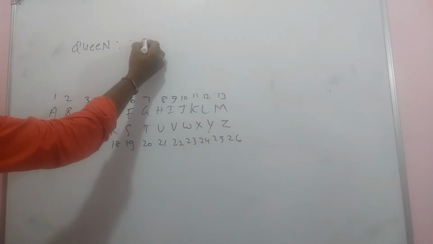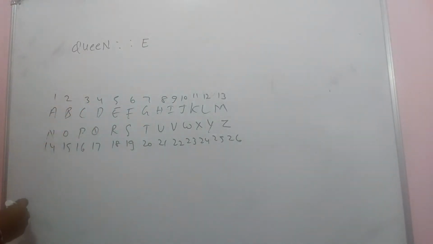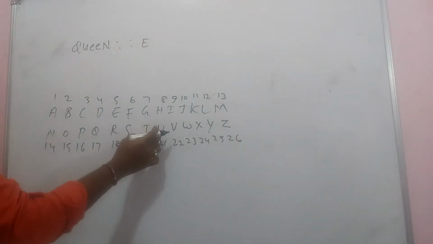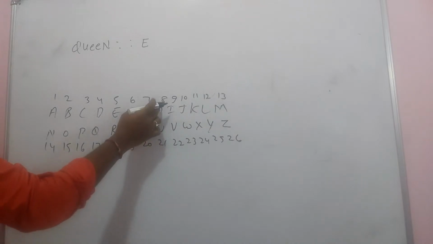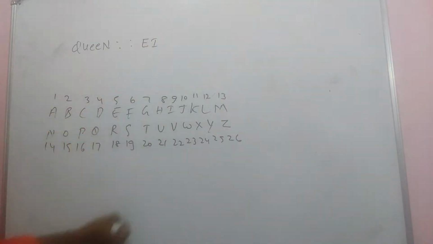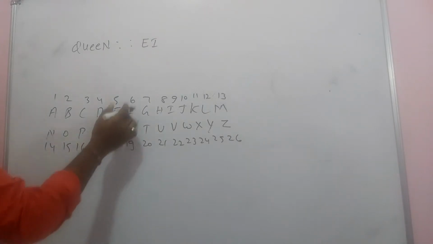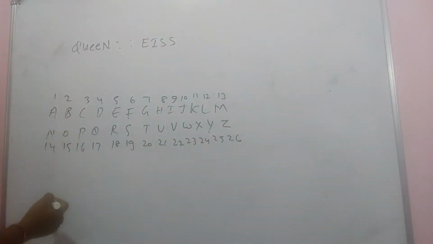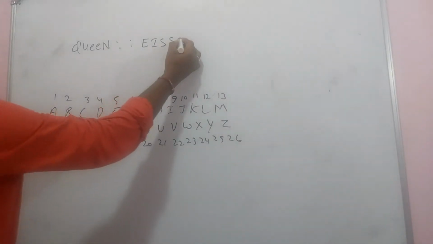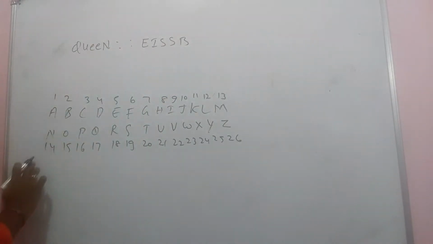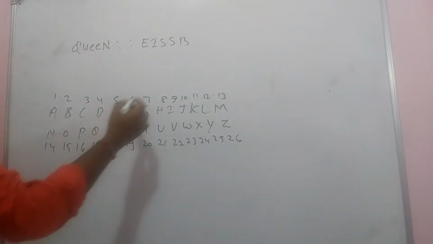Queen is coded as E, I, S, B. Okay, Queen is coded like this.